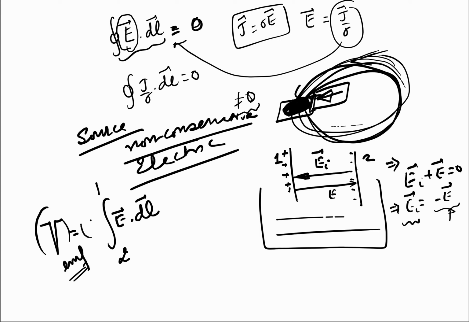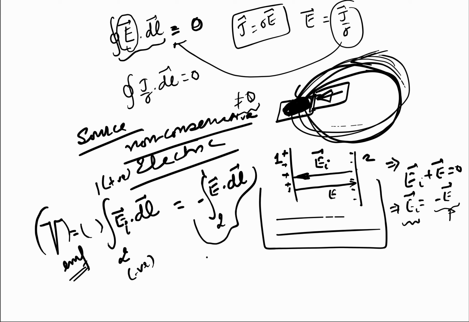You should note that there is no negative sign in front of it, and we should see the limits of integration from electrode 2, that is the negative electrode, to the positive electrode. So this is the EMF. Now we will use E_I equal to minus E. So this will be minus the integral of E dot dl from 2 to 1. Now this is the definition of electrostatic potential, which is equal to V12.